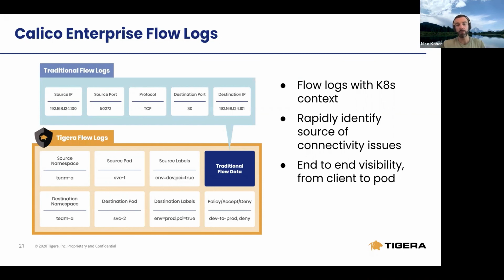We capture and store that, and you can export it into your favorite logging tooling to report incidents and so forth. But the key thing to remember is that we capture much more advanced flow logs for every flow that touches any pod, whether it's east-west traffic or north-south traffic.